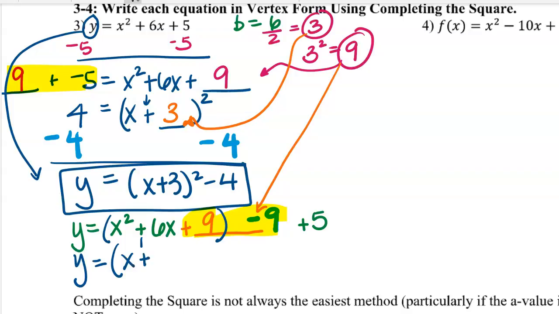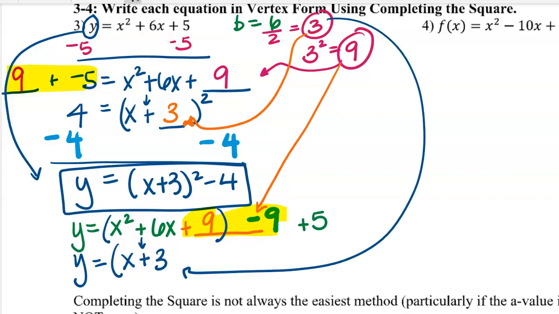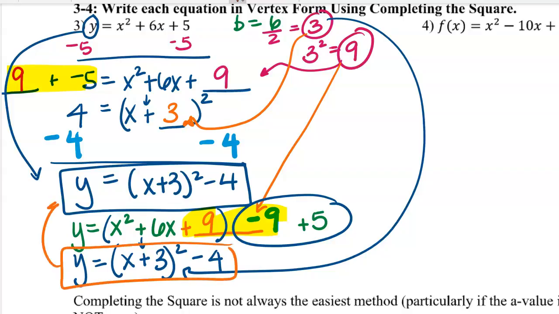This is, again, drop this x down, and whatever this half of b is, that's where it's going to go. And then this is negative 9 plus 5, that's going to be a minus 4. And guys, this equation right here is the same as that. So however you want to do it, whatever system is easy for you, okay?